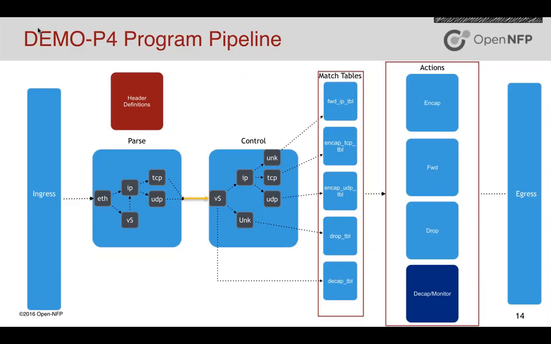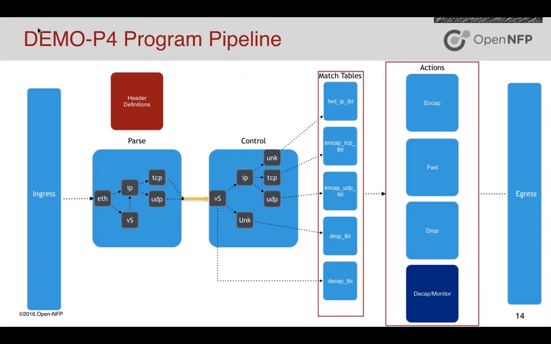So let me just quickly run you through this whole pipeline so you guys have an idea of what's going on. We have our header definitions, which define what type of headers we have within our P4, what type of headers we're able to parse. Then as packets come in, we go through our parse logic.